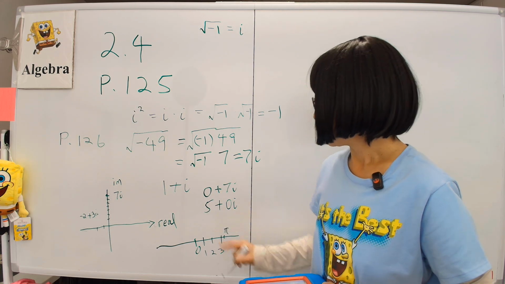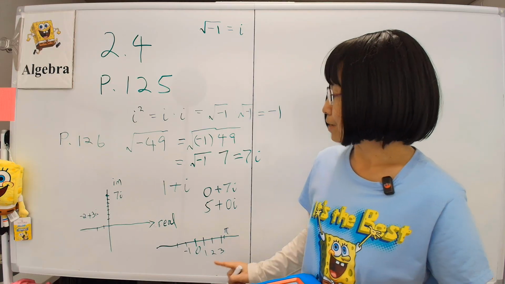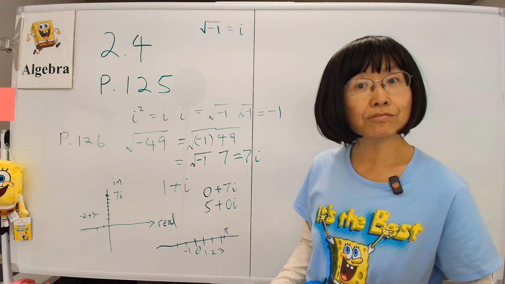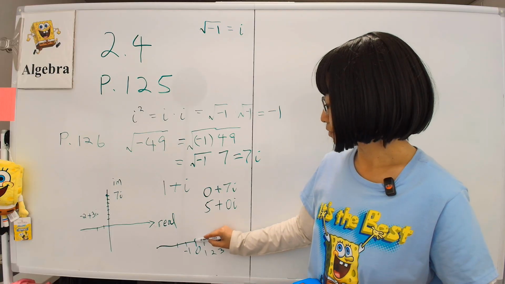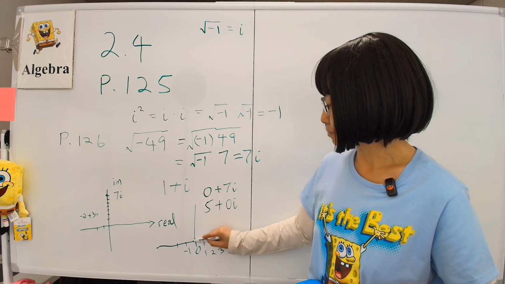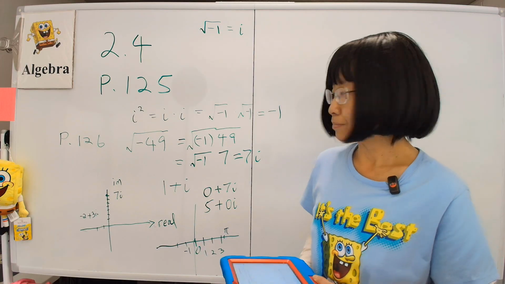Here's our pi. And then the negative numbers the same way, -1. But the imaginary numbers do not fit into the real number line. So for the imaginary numbers, we have another axis that comes out. Okay, so like this, and that's how we plot imaginary numbers.